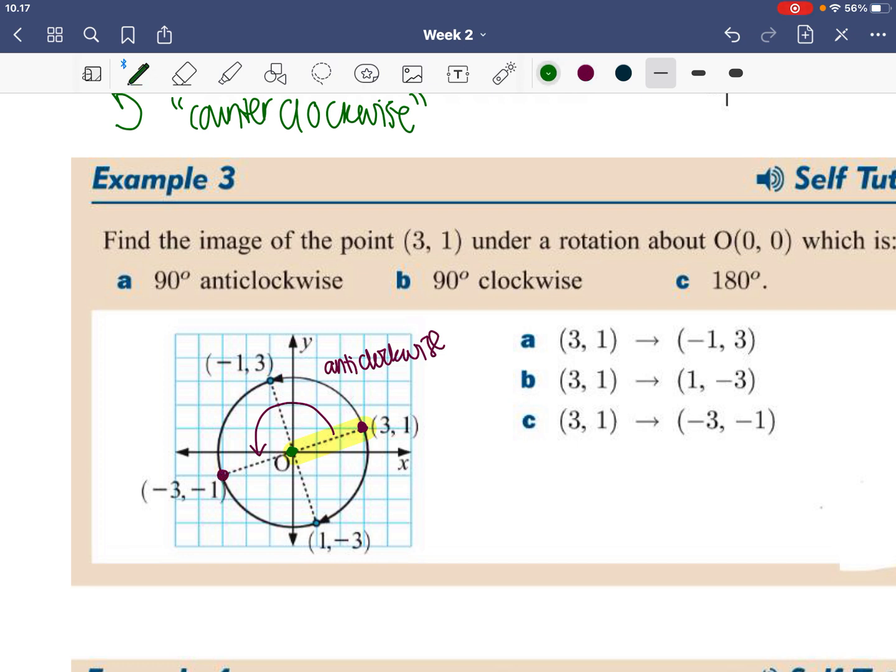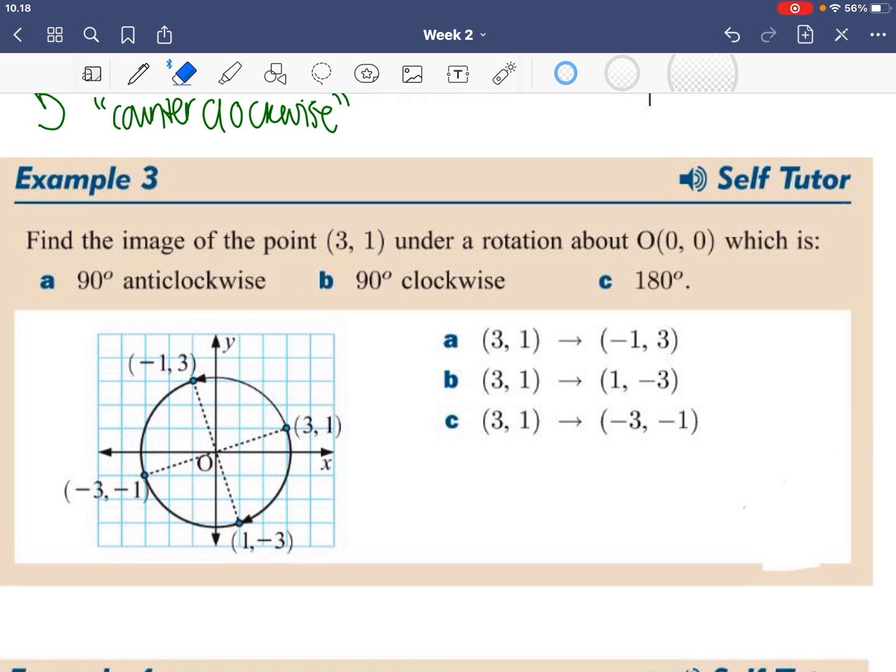But if I do it the other way, clockwise, I also end up at (-3, -1). So it doesn't matter. 180 degrees means you're just rotating a half circle, right? There you go.